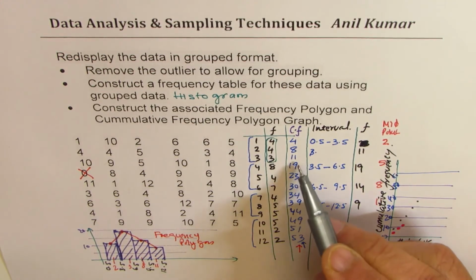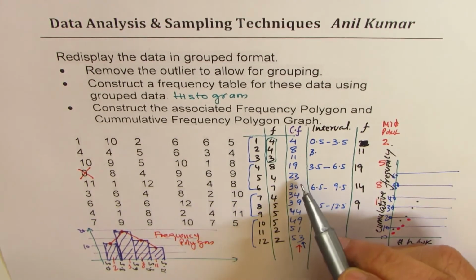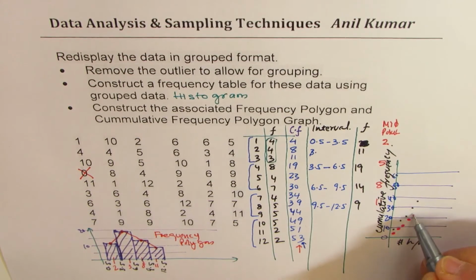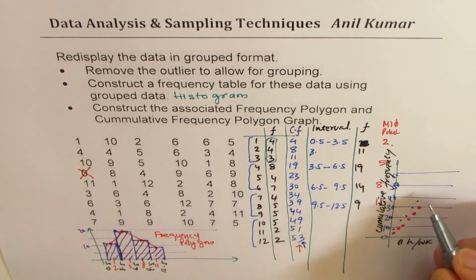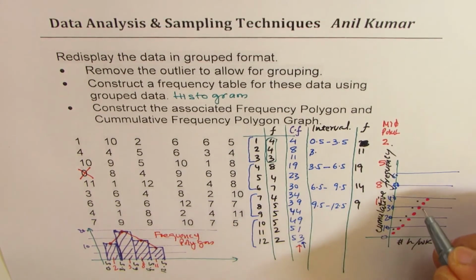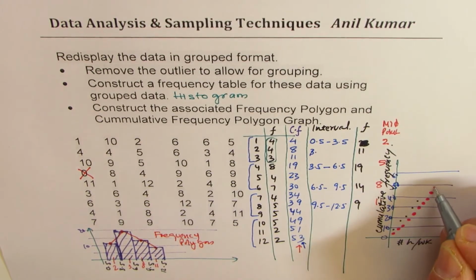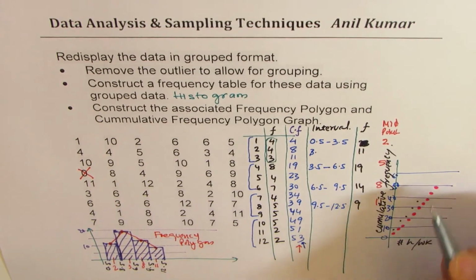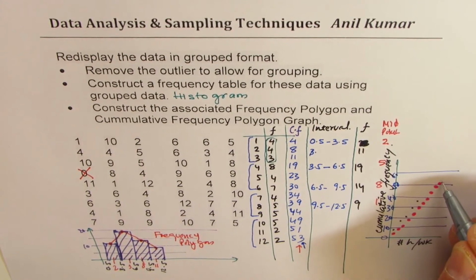And then 19, which is slightly less than 20. 23. 30 is there. 34, so it is midway. 39, less than 40. 44, midway. 49, slightly less than 50. 51, just above 50. 53, slightly more. That's the end of it.